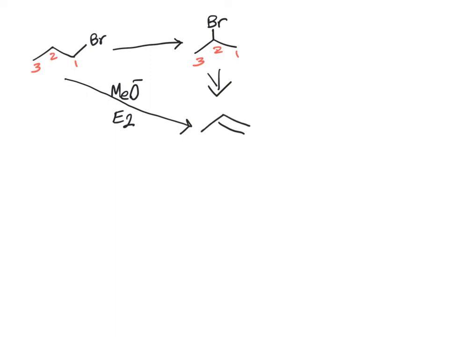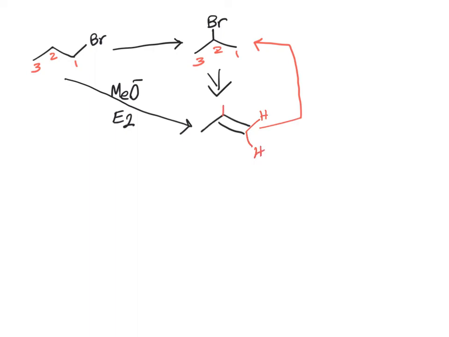And then in the next step, we have to convert this to the final product. So we want to add a hydrogen and a bromine. Hydrogen to one carbon and bromine to the other one. Now we have to decide if we want Markovnikov addition or anti-Markovnikov addition.